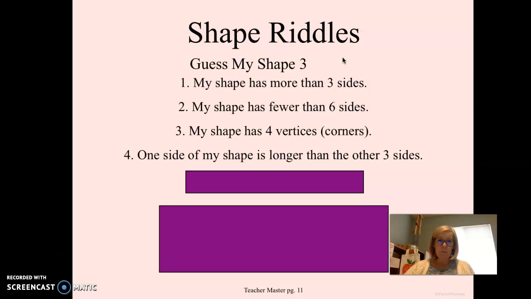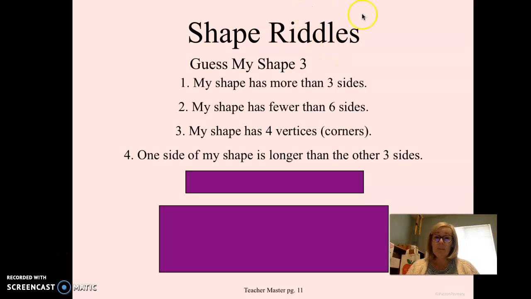Put it in the pile. Now we have the trapezoid and the rectangle. The rectangle has the top and bottom that are the same, and the 2 sides are the same. So it's clearly not our rectangle.